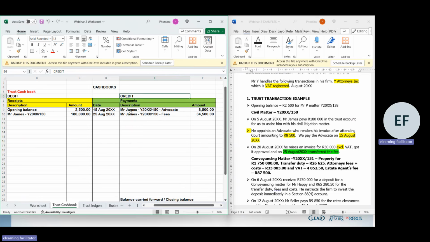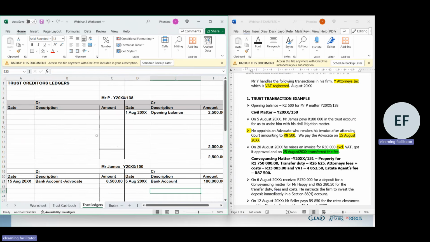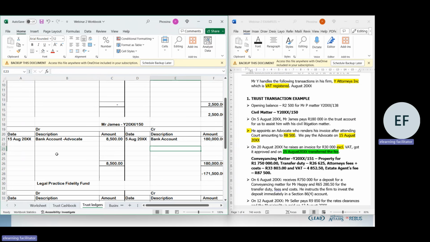So the debit side of this, it's going to come into our ledger. So we indicate 25 August 20XX, then the bank.